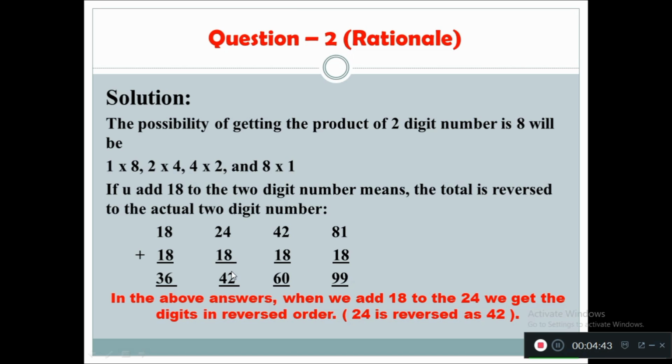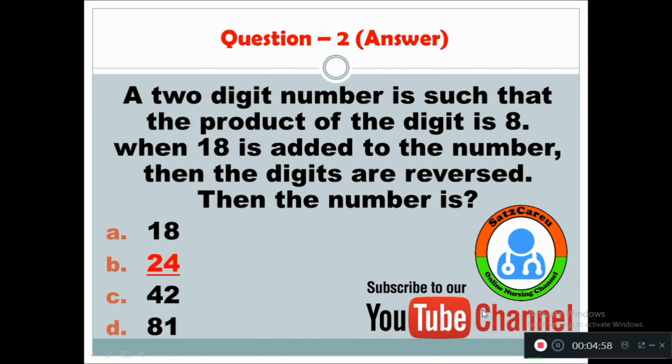So which number is reversed when you add 18? See here, 24 when you add 18 will be 42. 42 is the reverse of 24. So the right answer here is 42. Sorry, 24. 24 is the right answer here.